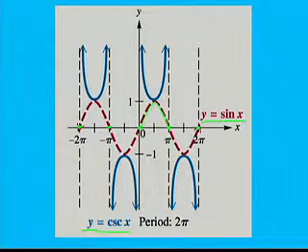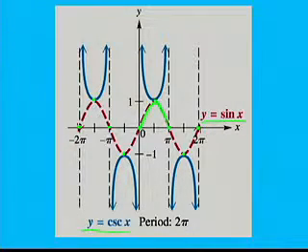When the sine curve is positive 1, which would be here and here, we know the reciprocal of 1 is 1, so cosecant is equal to 1. When the sine curve is negative 1, which is here and here, we know the reciprocal of negative 1 is negative 1, so the cosecant is negative 1. When the sine curve is positive, which would be in this section right here, cosecant has to be positive.